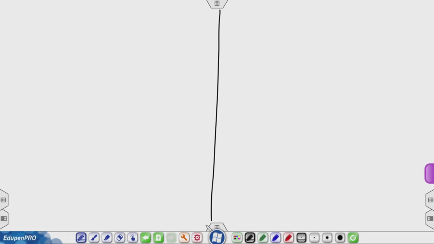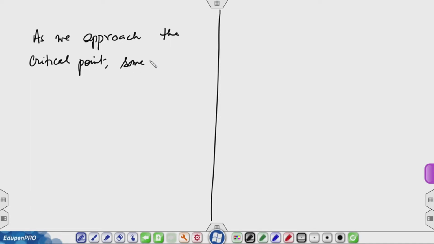So what it means is that as we approach the critical point, some properties start to diverge.